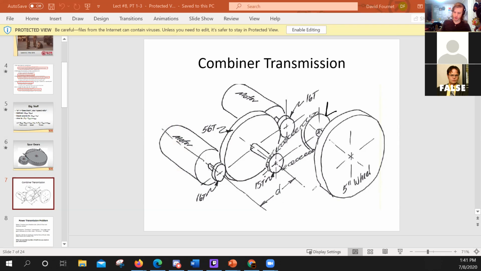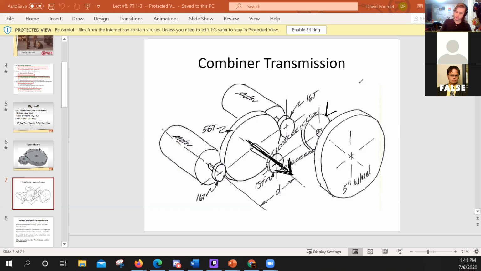Cool. So this will be real simple, but I want to ask what is the gear ratio for this little system here? That's our output. Let's just make a ratio first.